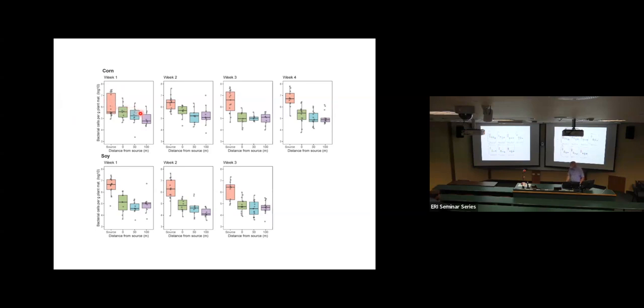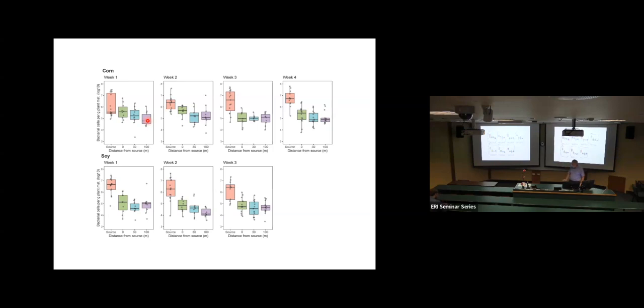But more importantly, look at the gradient as we move into the field. So we got about 100 meters into the field. You could see that the total numbers of bacteria on these young corn plants after a week or so after they emerge from the soil are about 10 to 20 times lower than they were near the edge. And we've also done community analysis. We find out who's on those plants in addition to how many were on the plants.